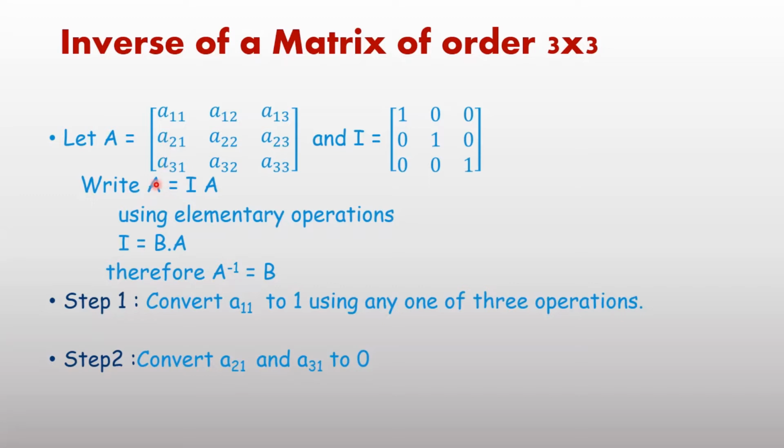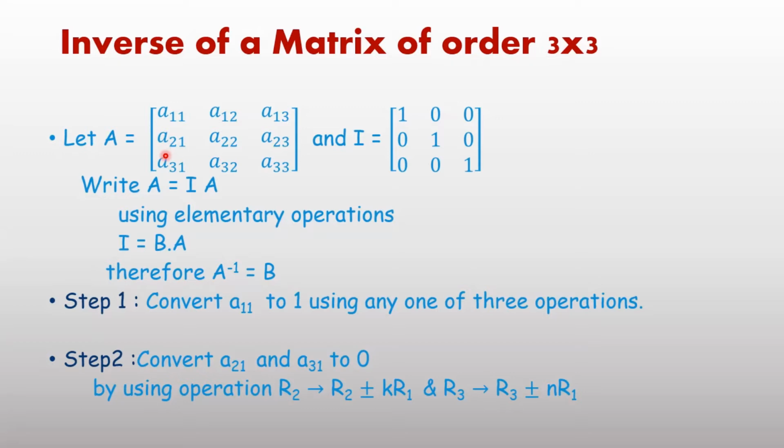Because you know the condition, whatever matrix A is given, you have to convert it as I, but proper steps are required to convert it as I. In the first step, convert it as 1. Second step, convert the remaining two elements of the first column as 0. But remember the property which you have to apply: R2 replaced by R2 plus or minus, as per requirement, kR1, means write 0 in R2 with the help of the first row, and in R3 also write 0 with the help of the first element.